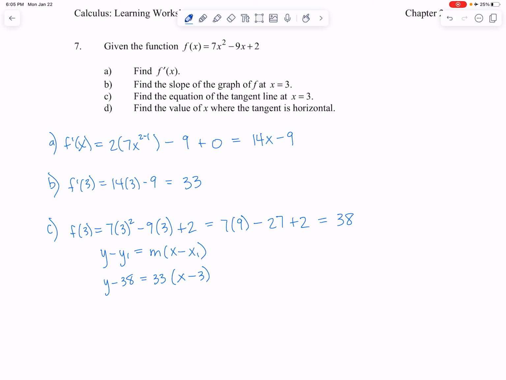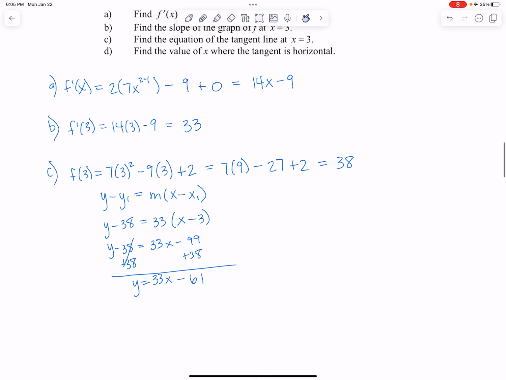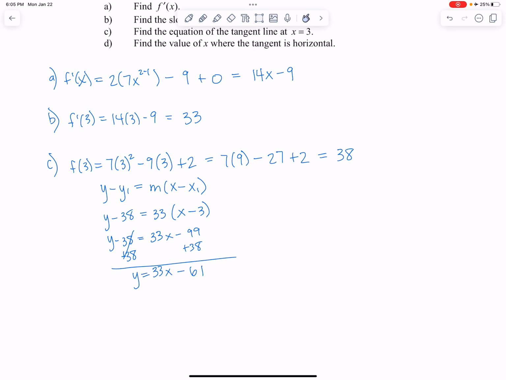And we'll just rewrite this into slope-intercept. Y equals 33x minus 61.